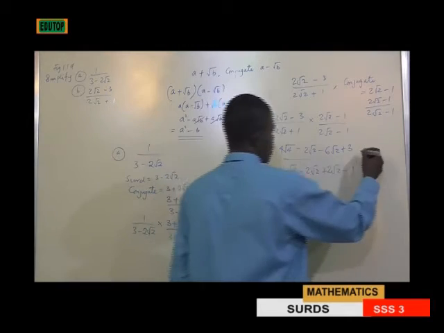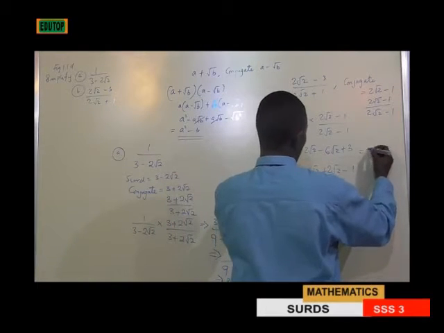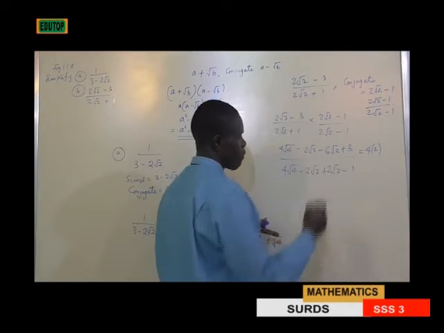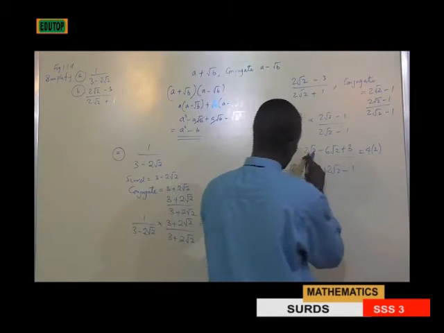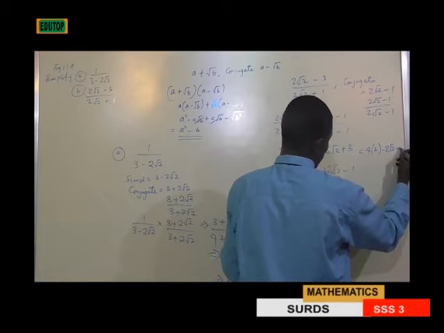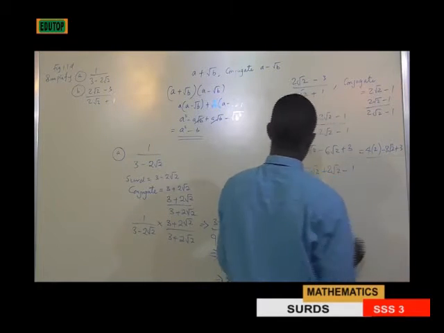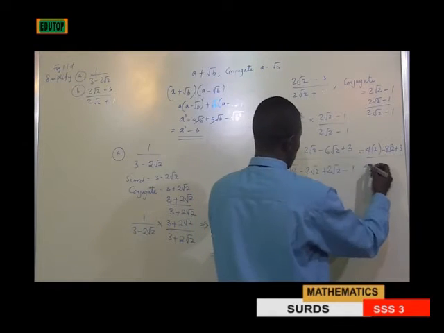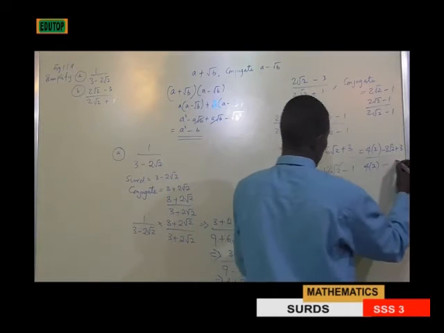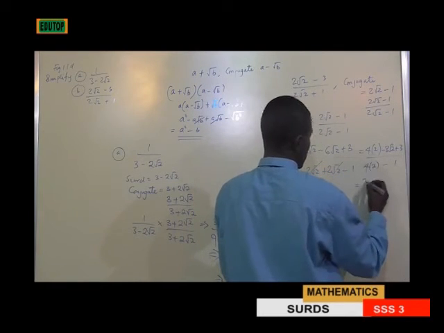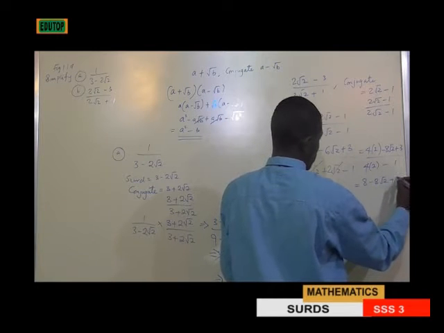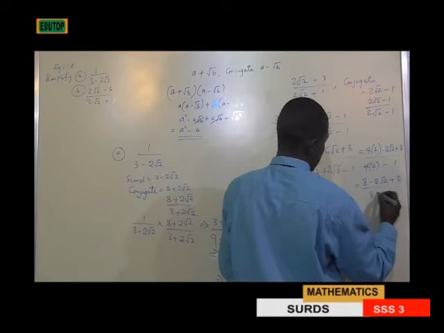So if we simplify this now, we have 4 root 4, root 4 is 2, so 4 into 2, that is 8. Minus 2 root 2, minus 6 root 2, that's minus 8 root 2, plus 3 over this one, 4 into 2. This can cancel this, then we'll have minus 1. So automatically, we're going to have 8 minus 8 root 2 plus 3 over 8 minus 1.